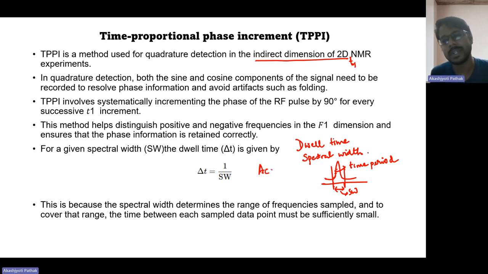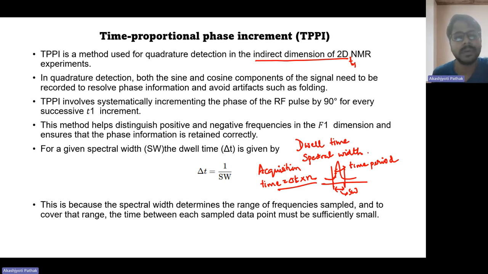And we are also looking at acquisition time. So what is acquisition time? It will be the dwell time times the number of data points that are there. That will give you the acquisition time. This dwell time and spectral width are inversely related, because the larger the spectral width, the lower the time between two data points must be for getting high resolution spectra.